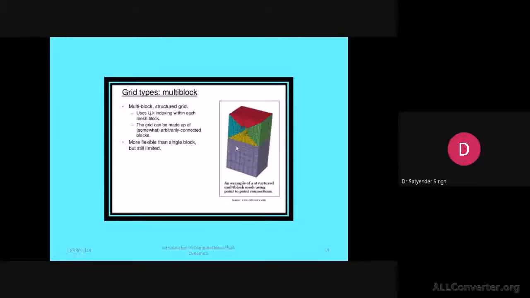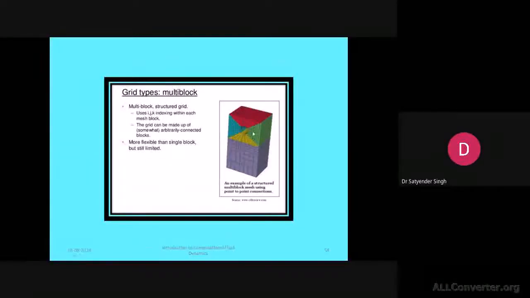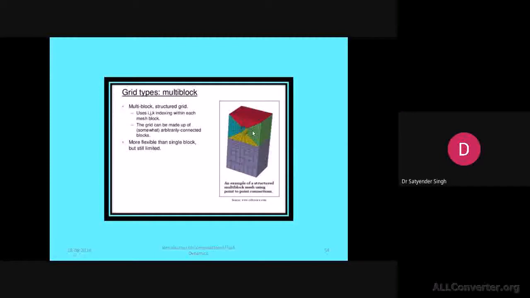Here you can see, although we have one solid, one circular hole, we have created quadrilaterals around it, and they will be recognized as a structured grid. These are pure orthogonal grids, meaning between the two lines they make a 90-degree angle, so they are perfect structures. And this is all known as structured grid.